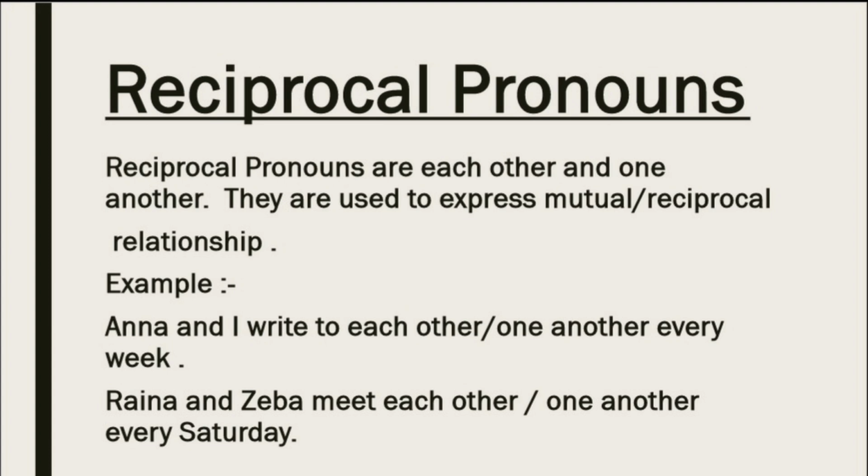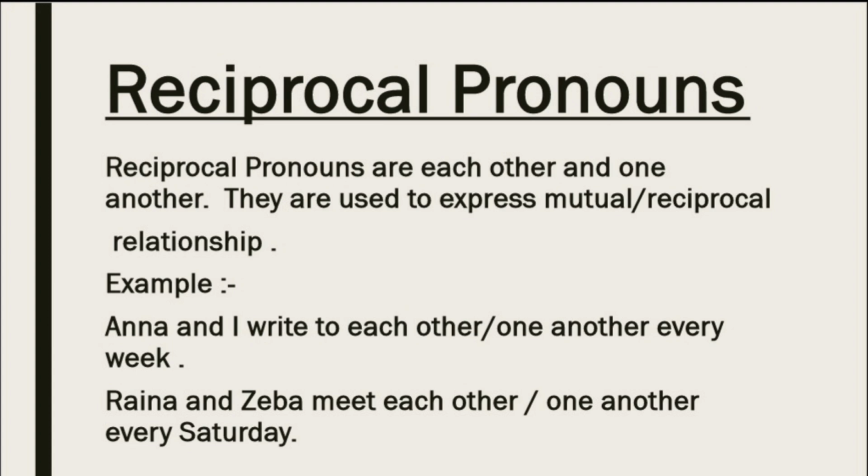So here in both of these examples, the action or the consequences is received by or is taken by both of them together and simultaneously. So it is a situation where someone or something performs an action on others and that same action is received in return.